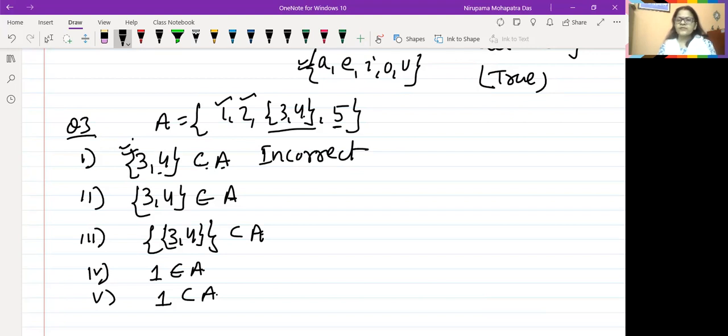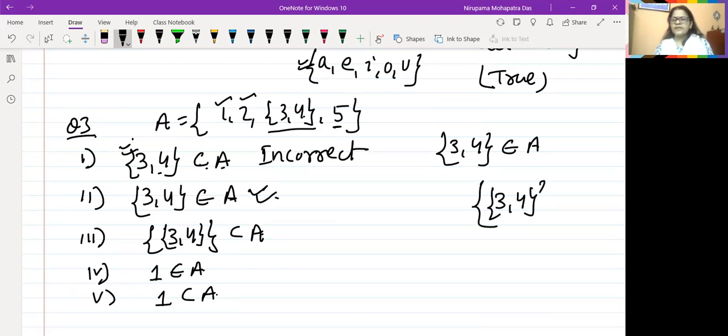If you want to rectify the statement, {3, 4} belongs to set A. Second part is correct, obviously. Third one, {{3, 4}} is a subset of A. Is it correct? Whenever you write it like this, it is an element of A. And when you write it like this, the set containing 3, 4 is taken as an element of this set, so you can see the double bracket here.